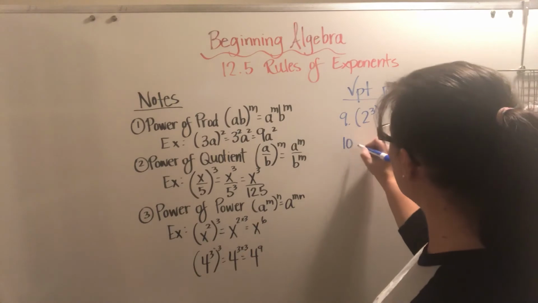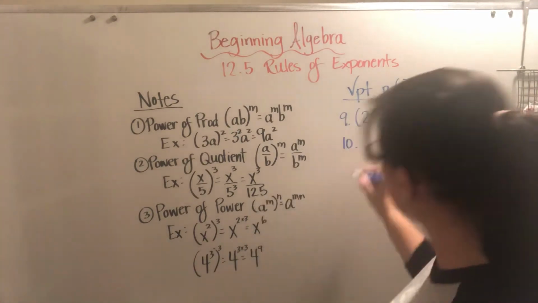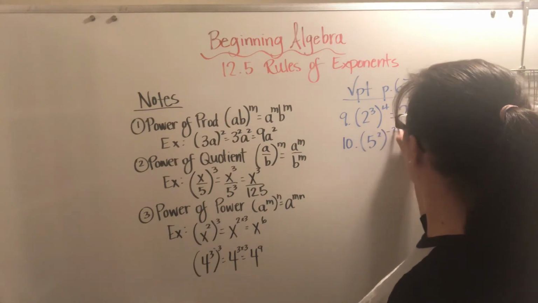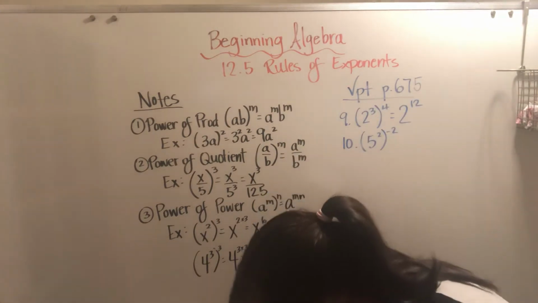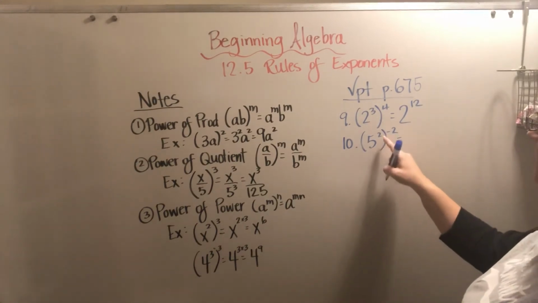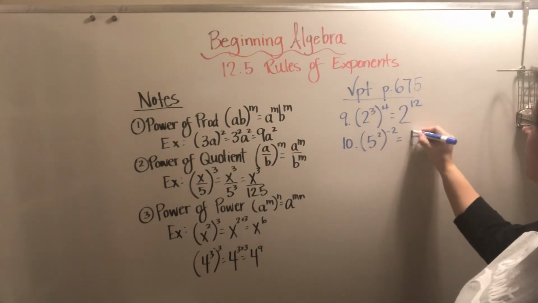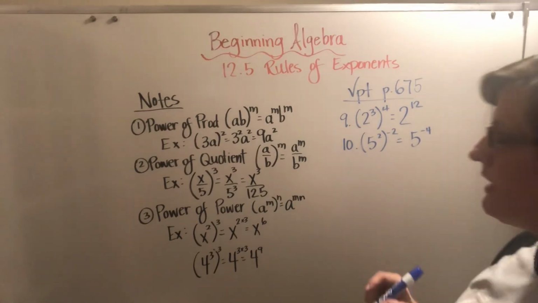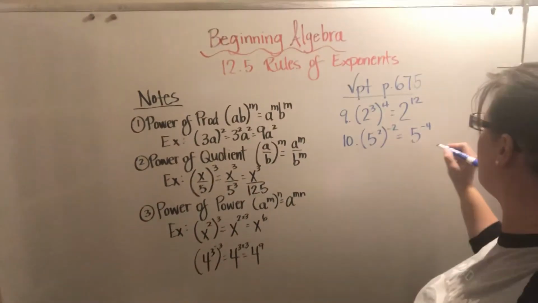Now, look at number 10. Here's where it gets a little dicey. 5 squared to the negative 2 power. Okay? Have to pay attention to that. You still multiply those as usual, and you get negative 4. But the instructions say only use positive exponents.